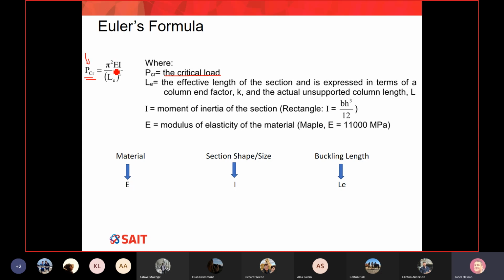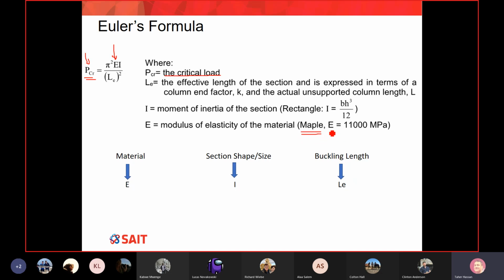And you guys know what pi is, huh? Pi is simply 3.14 and so on, squared, multiplied by E. Anybody remember what E stands for? Or what do we use E for? The modulus of elasticity. Thank you, sir. And unlike the previous test or lab, here we're using maple, which is a different species of wood.